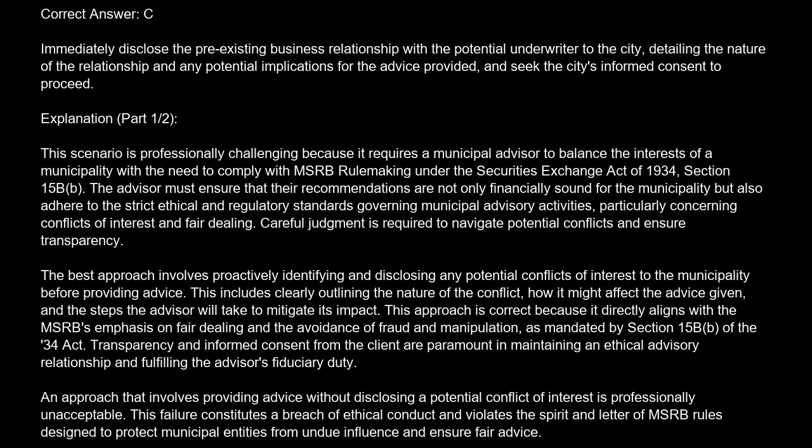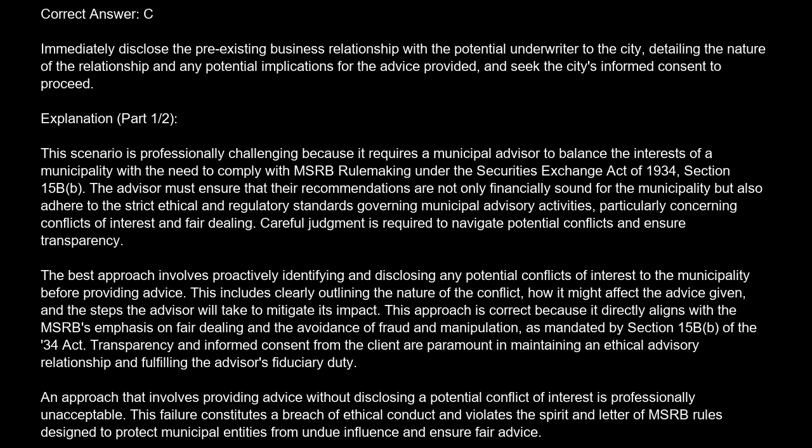The best approach involves proactively identifying and disclosing any potential conflicts of interest to the municipality before providing advice. This includes clearly outlining the nature of the conflict, how it might affect the advice given, and the steps the advisor will take to mitigate its impact.